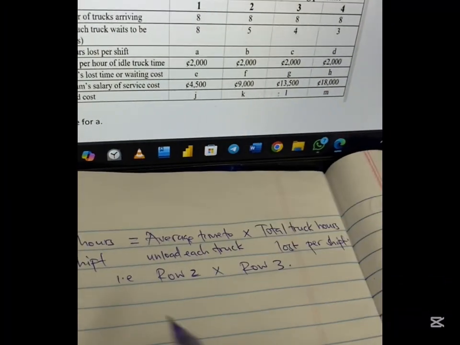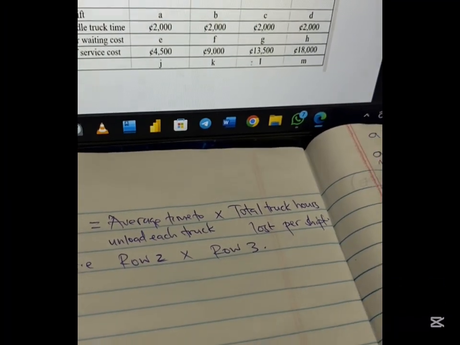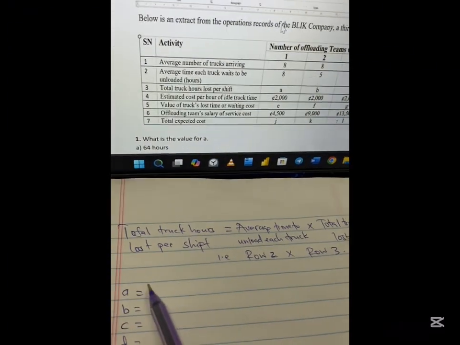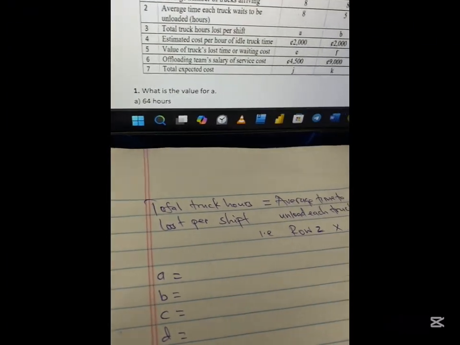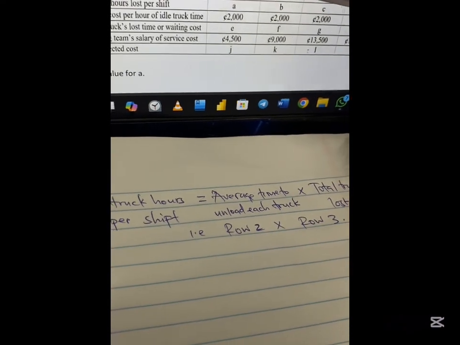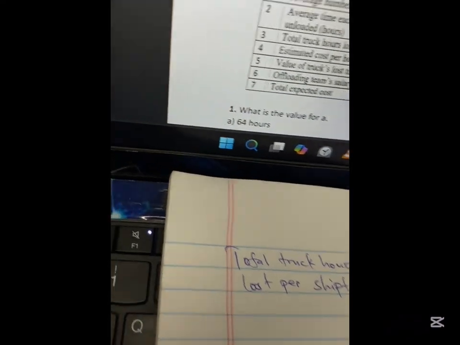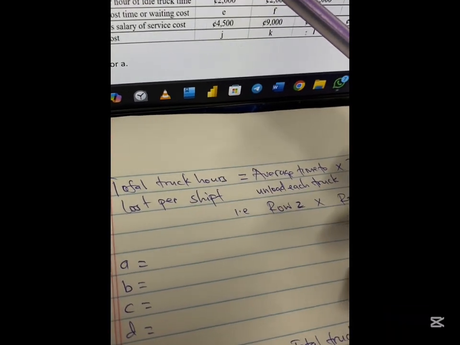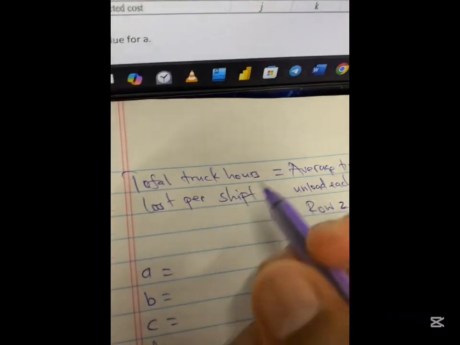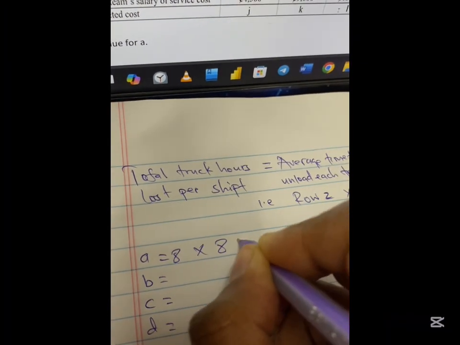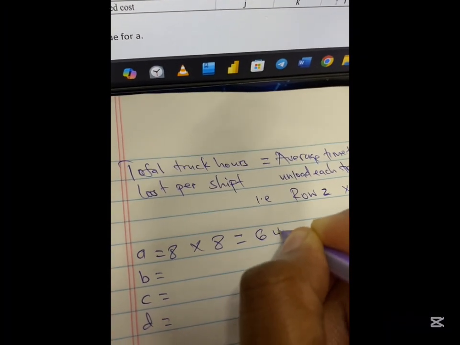For example, for the value of A, we take the value in the second row times the value in the first row. So A will be equal to 8 times 8, which is 64.